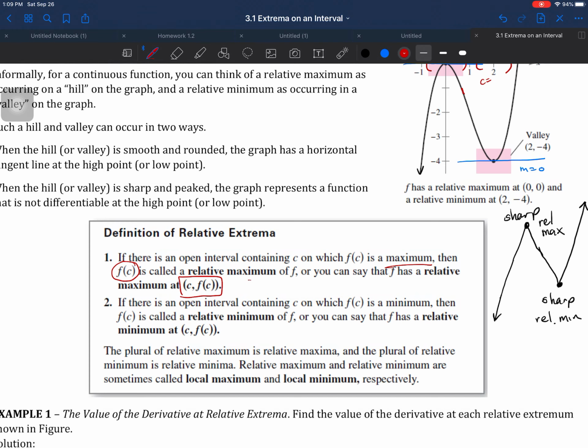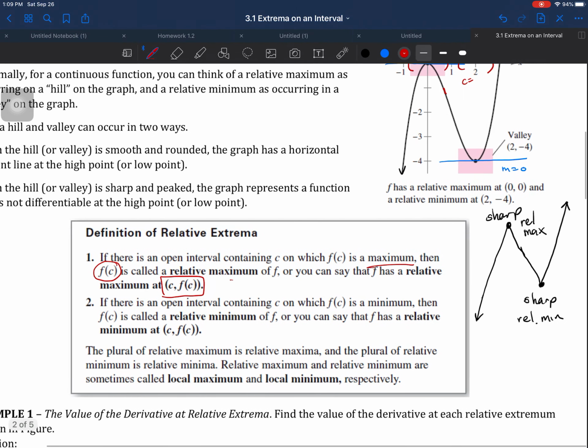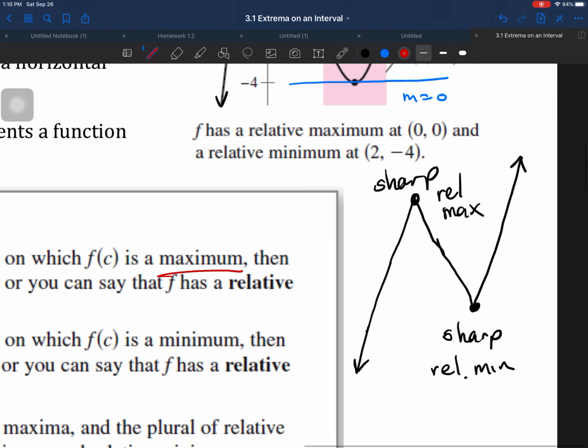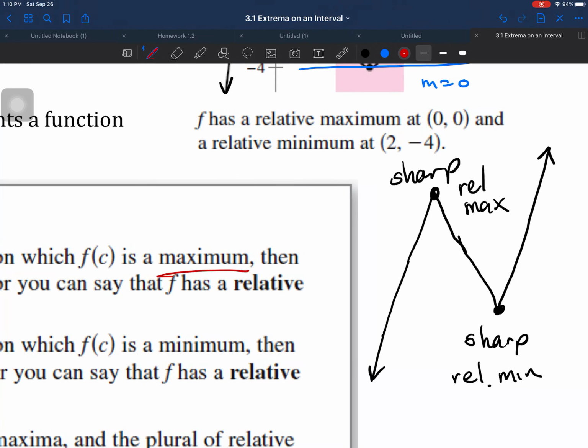If you think about this, it is the maximum relative to its immediate surrounding, so you can think about it as the local max because it is the maximum in its local area, around this neighborhood. So now let's explore this concept here.